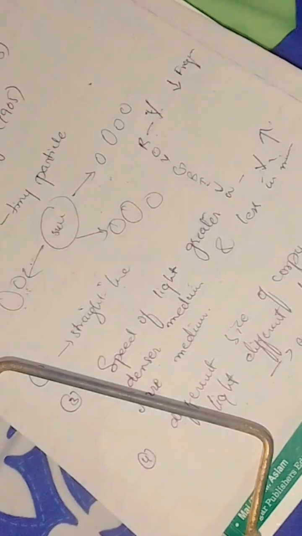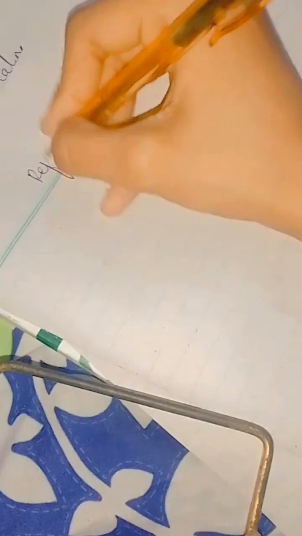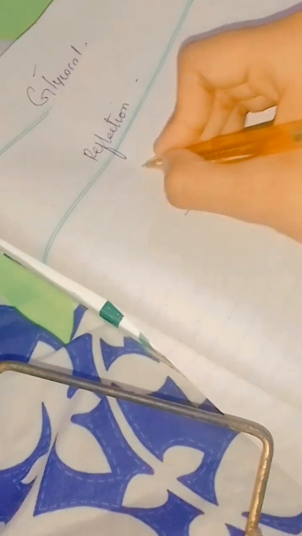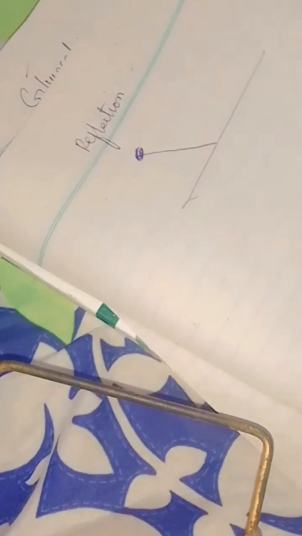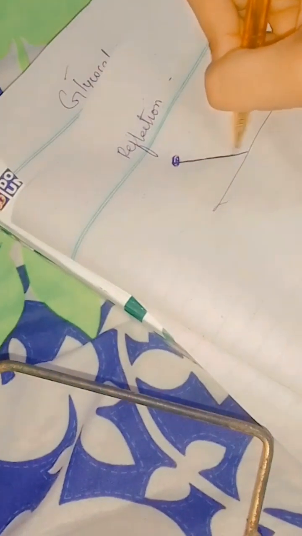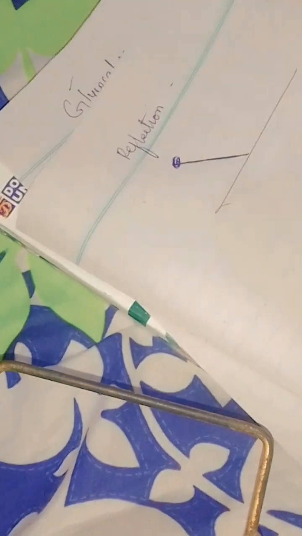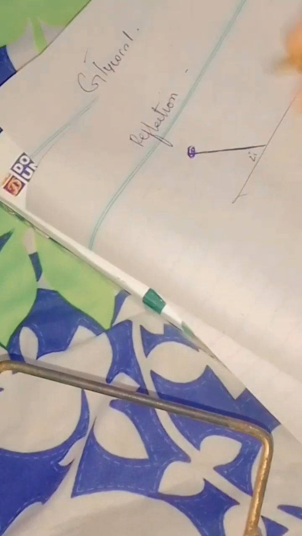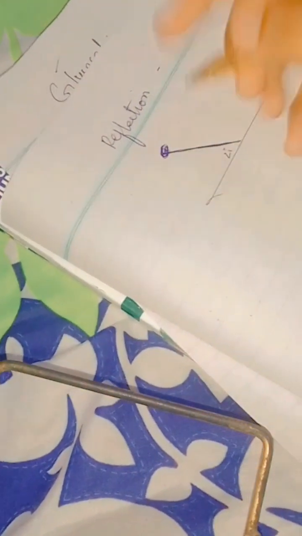According to Newton, he discussed three things: reflection, refraction, as well as propagation. First is reflection. For example, a mirror. The point where light hits is known as the incident particle or the incident ray.